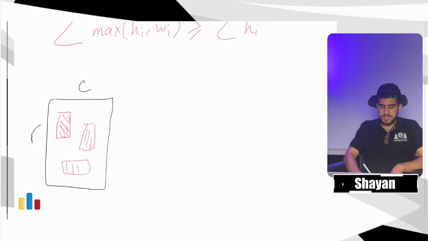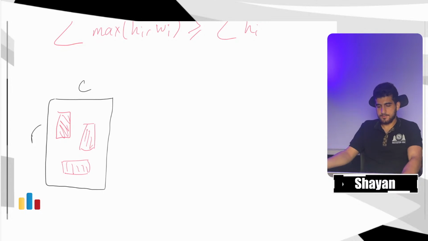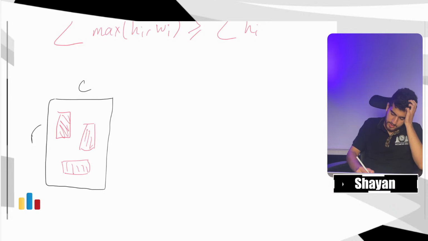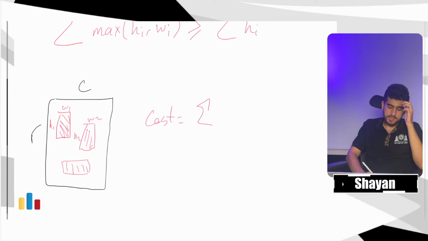The cost in each one is maximum of hi and wi, isn't it? For example, assume this is h1 by w1, this is h2 by w2, and this is h3 by w3.